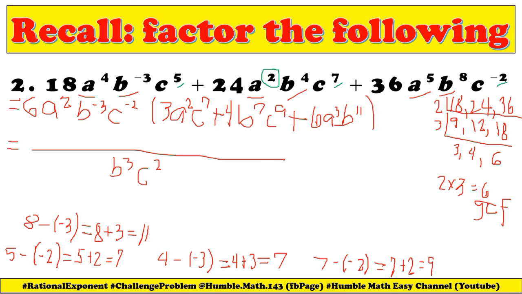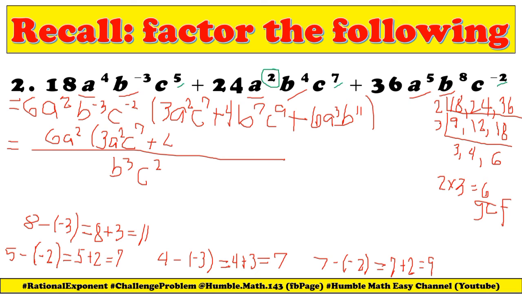And so the final answer is 6a squared times the quantity of 3a squared c to the 7. Plus, oh excuse me, I have to erase the c here first because it is not clear. Okay, again, this is c to the 7.